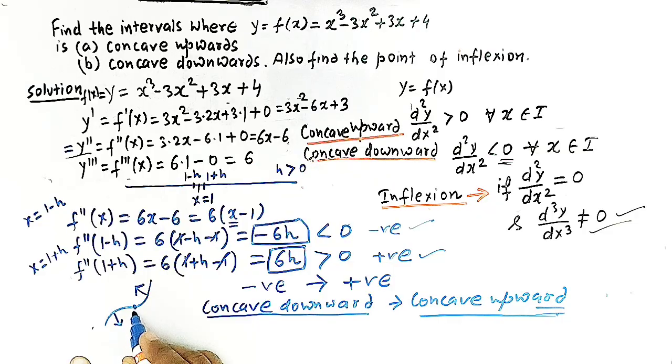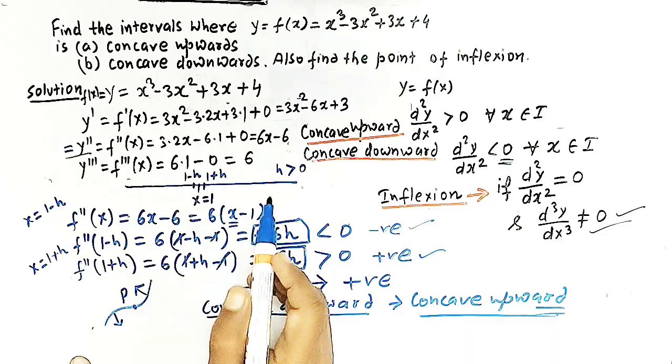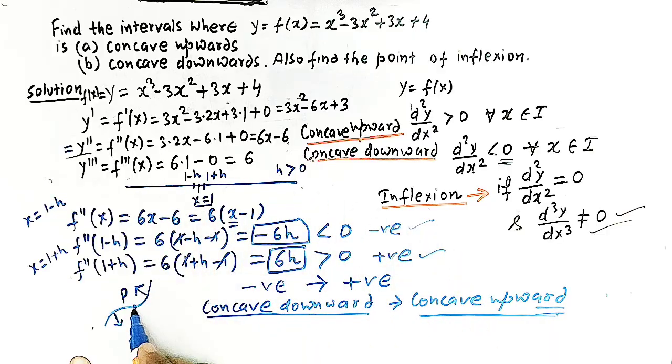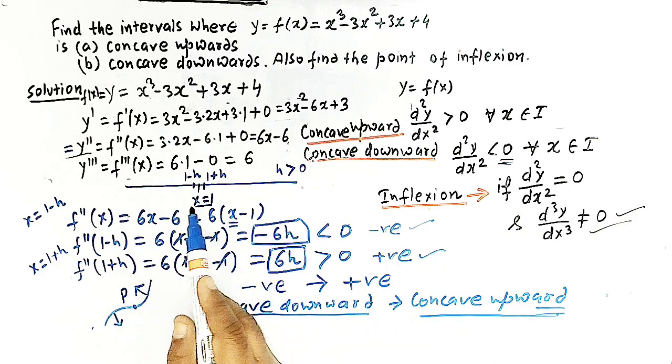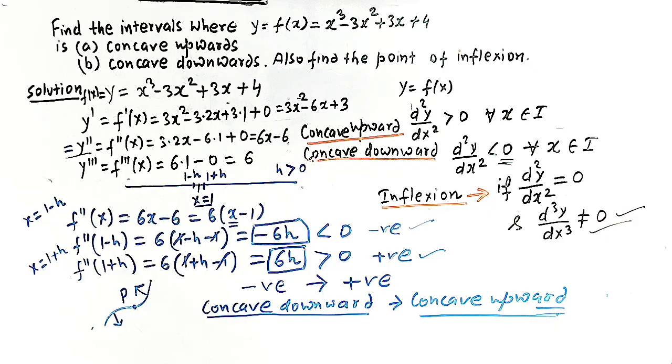Let us say this point is P, and this point is x is equal to 1. So this point P is the point of inflection, and here the concavity changes from concave downward to concave upward, right? So this is how we can prove how the sign of the second derivative, or the concavity, changes in the neighborhood of the point of inflection.